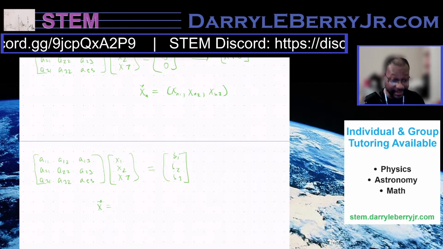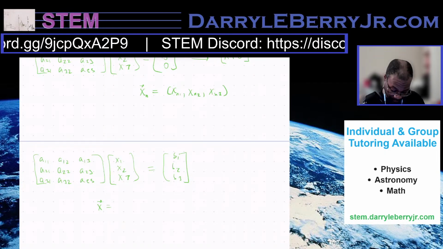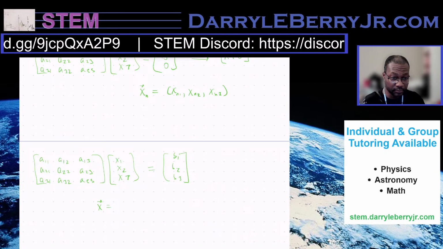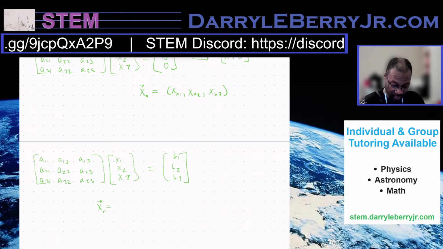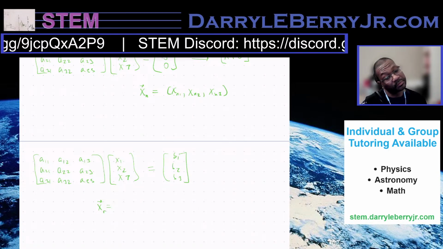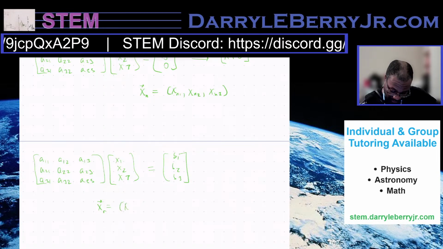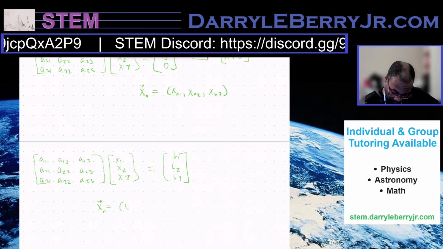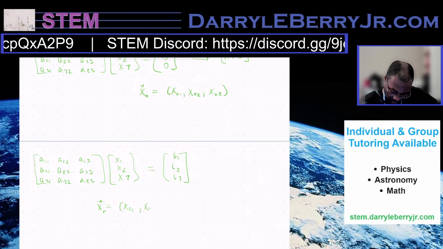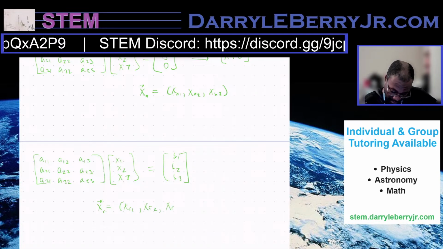So we can say x_r, and let's call x row space, equals x_r1, x_r2, x_r3.